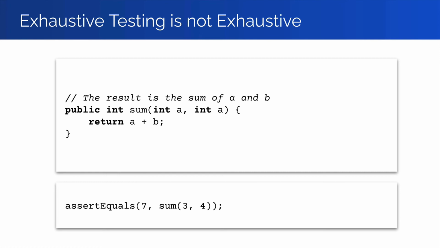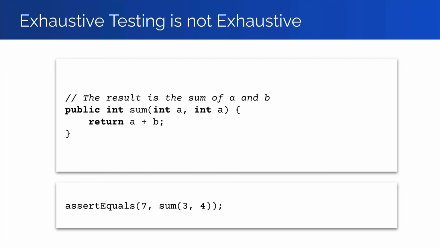Since this method does not have any conditions, it only has one path. Therefore, any test case for this method will cover that path. In this case, we're testing that the sum of 3 and 4 equals 7, which indeed will pass our test case. However, there do exist integers which will not pass this test case.